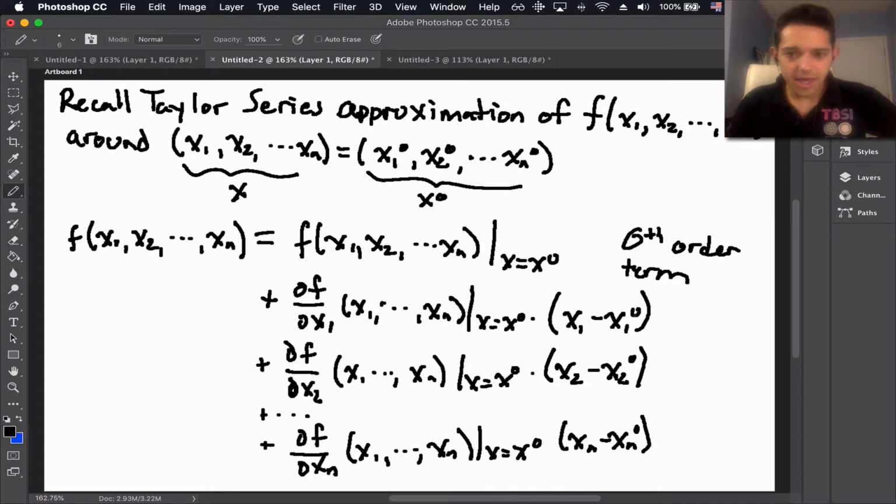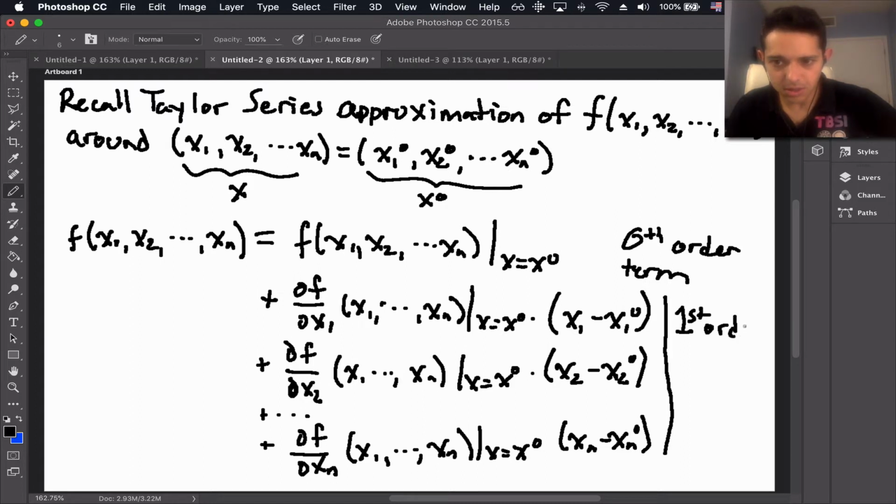Okay, now all of these terms here comprise the first order terms. Then beyond this, we're going to have higher order terms.